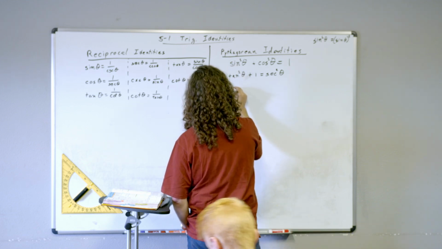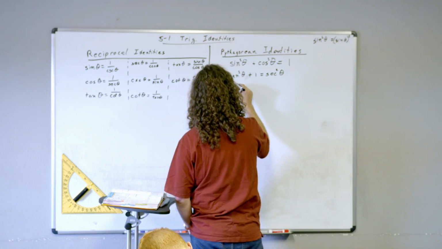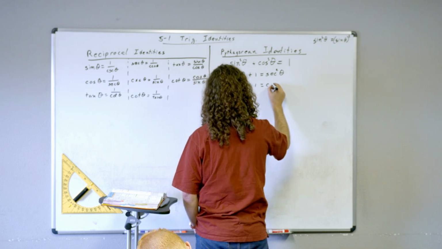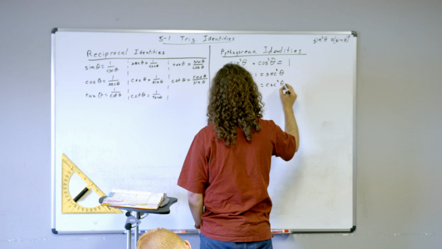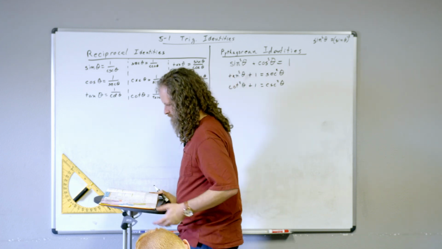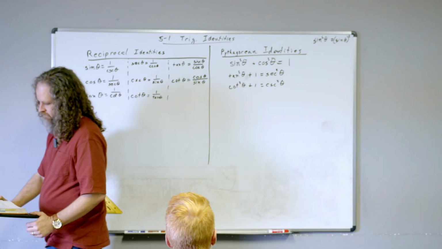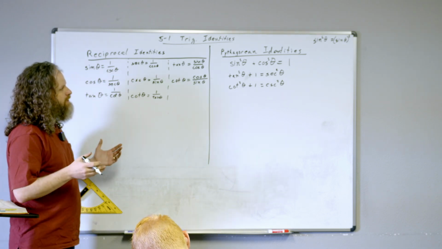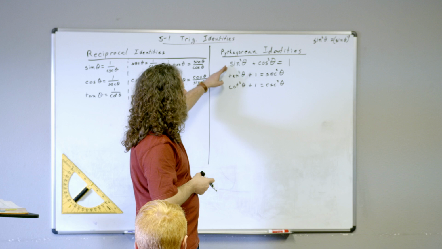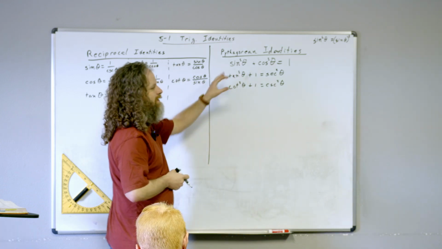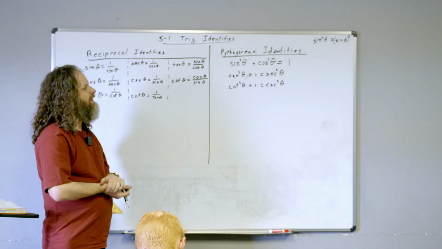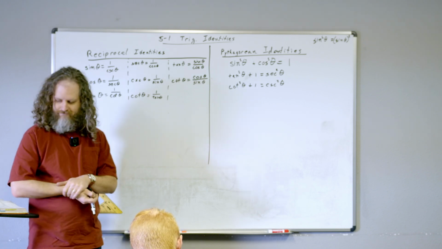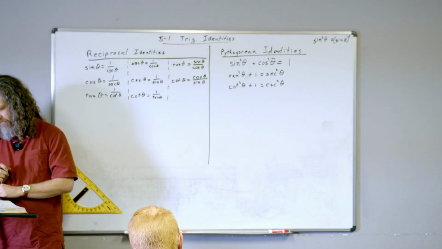And then cotangent squared theta plus 1 equals cosecant squared theta. And if you turn everything to sines and cosines, then this is the only one that you're going to have to use. Although sometimes it's nice to know these. It'll save you some time.